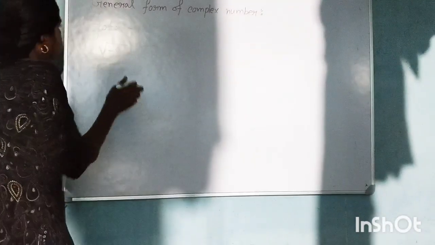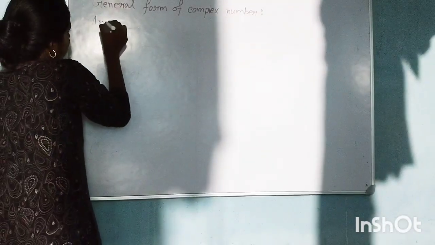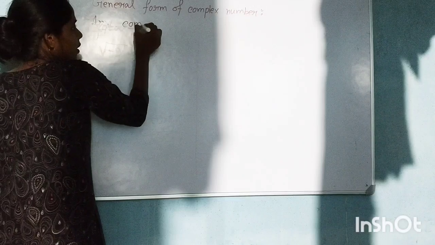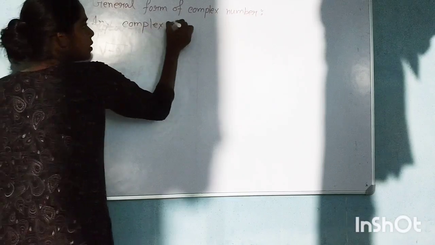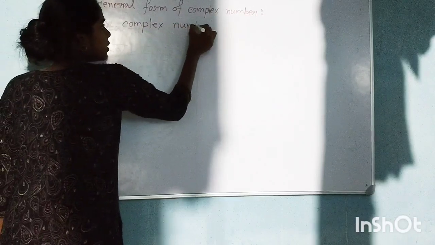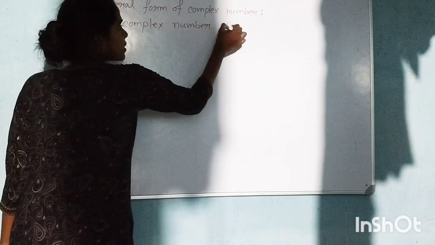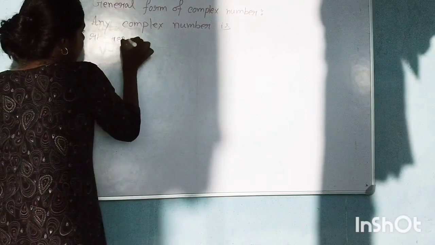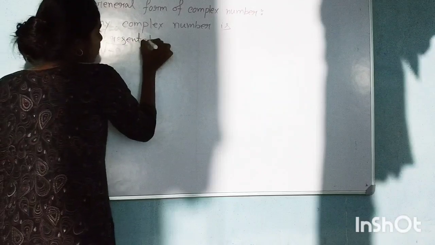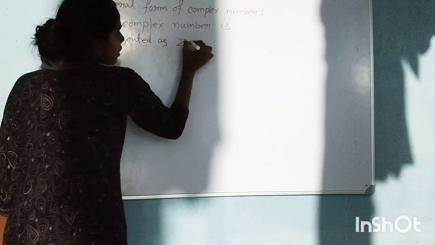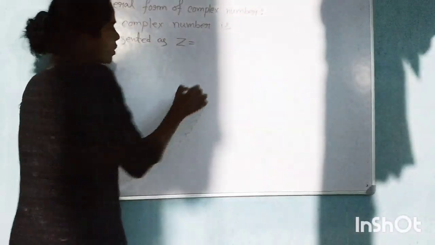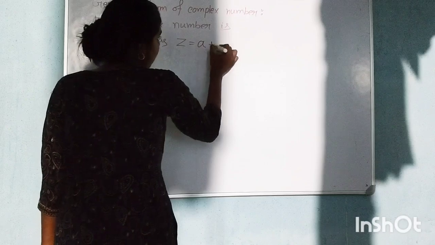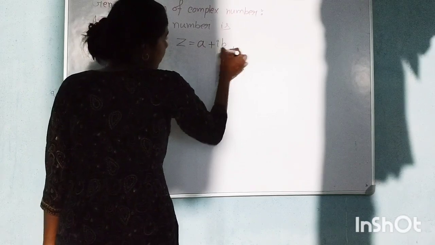Okay. Any complex number, write it down. Any complex number is represented as z equal to a plus i b. Okay.